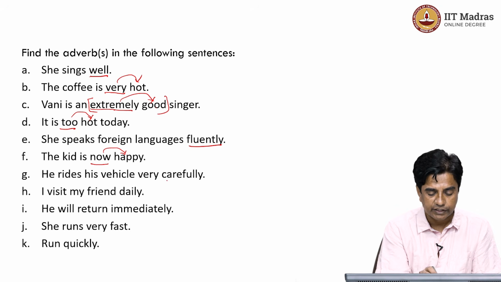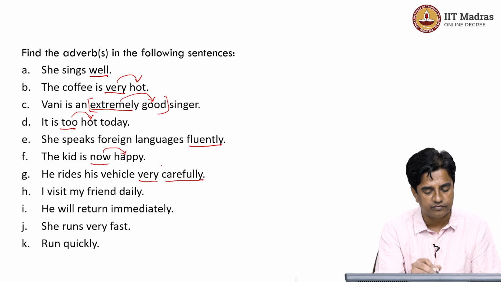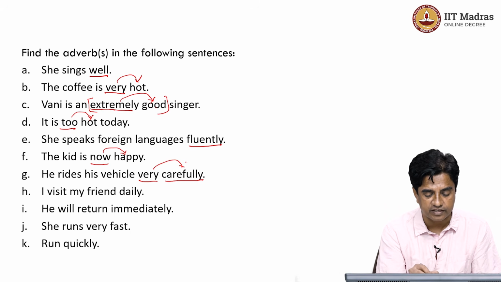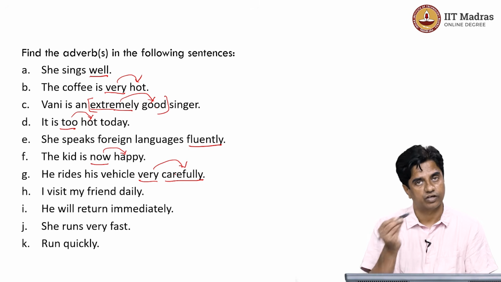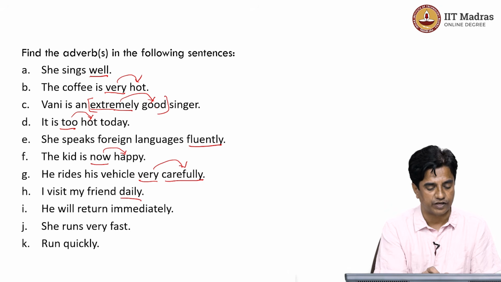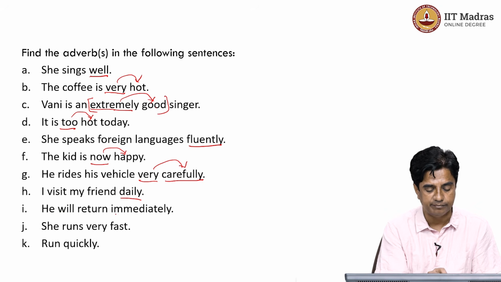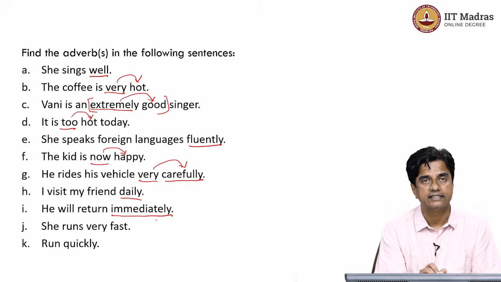Look, here carefully is an adverb which talks about riding, the verb, but very is also an adverb which is giving a little bit more emphasis for this adverb. I visit my friends daily. This daily gives you frequency, it's an adverb. He will return immediately. Immediately is another example of an adverb.